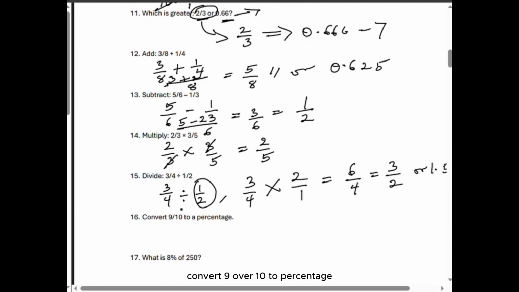Convert 9 over 10 to percentage. 9 over 10 multiplied by 100, which is a percent. This can cancel this, and you have 90%.